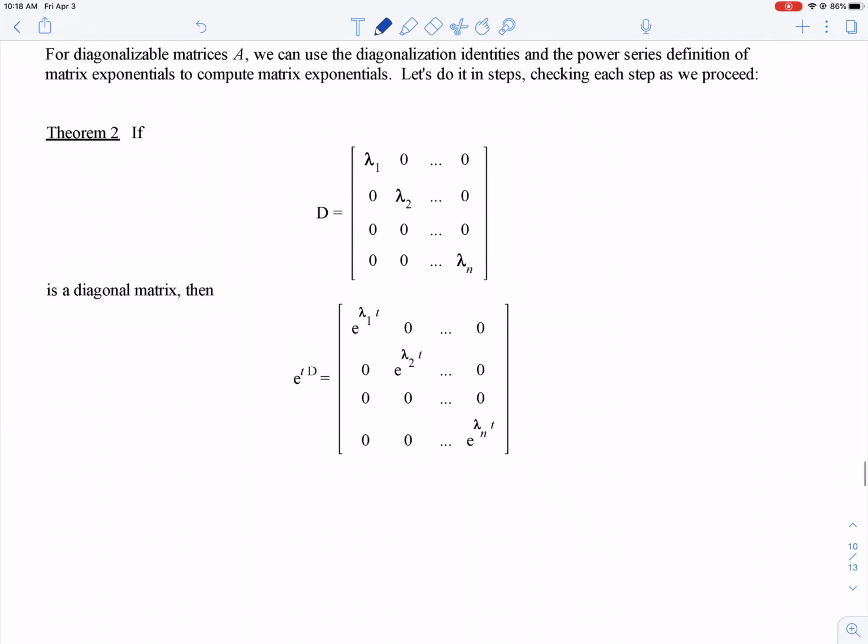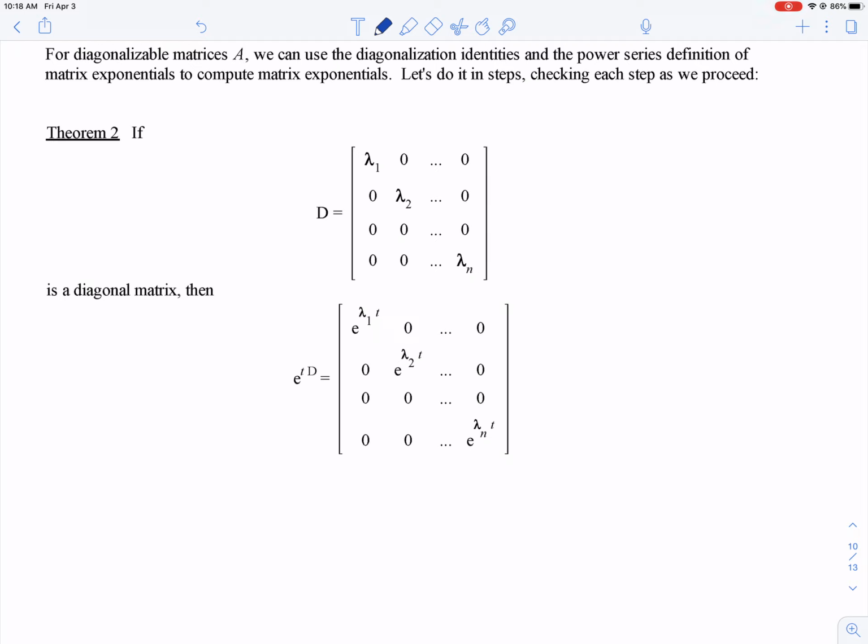If we are lucky enough to have a diagonal matrix, then the exponential e to the tD is also a diagonal matrix where in the jth spot where there was a lambda j, there's now an e to the lambda j t.